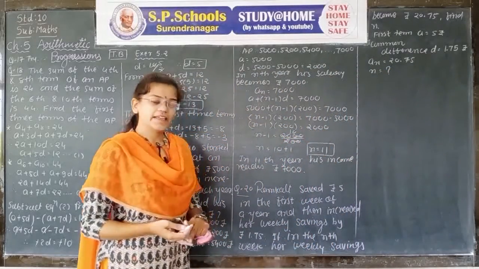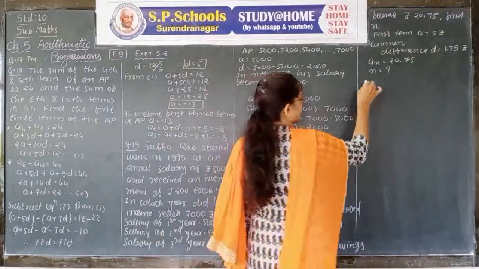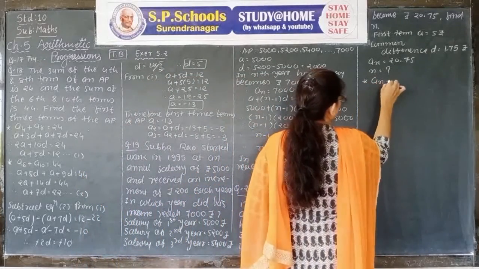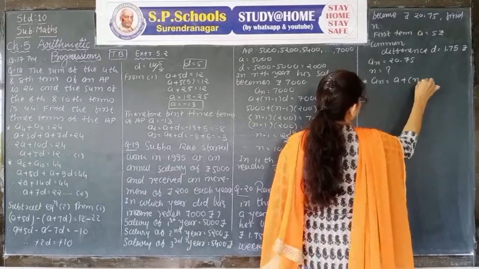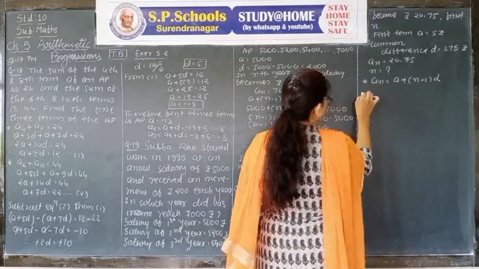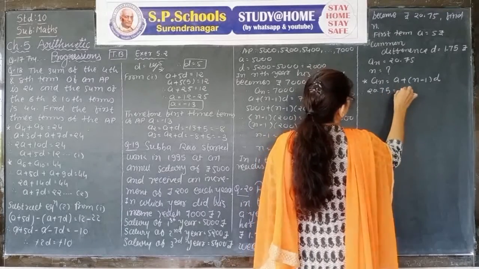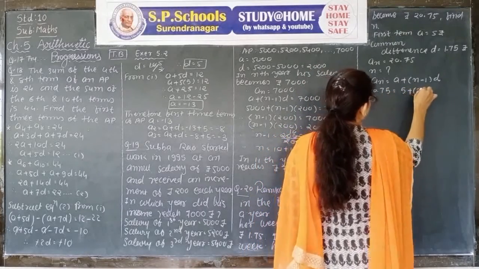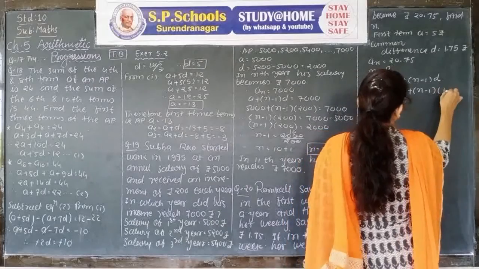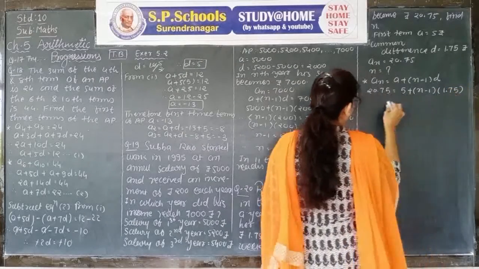We know here a, d and an. Use the formula to find an. an is equal to a plus n minus 1 into d, where an is equal to 20.75, is equal to a is 5 plus n minus 1, and common difference d is 1.75.